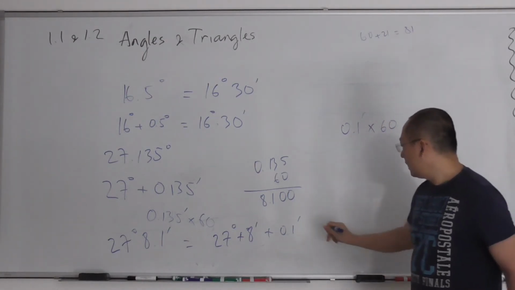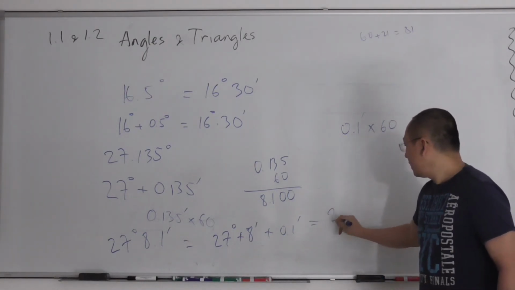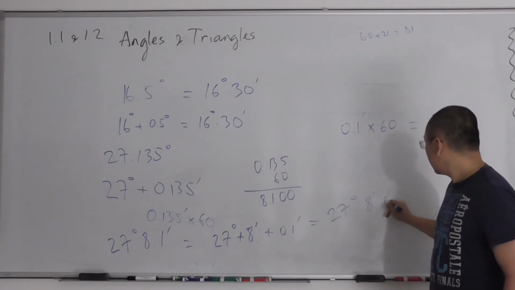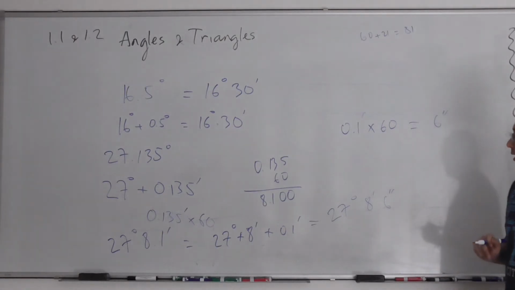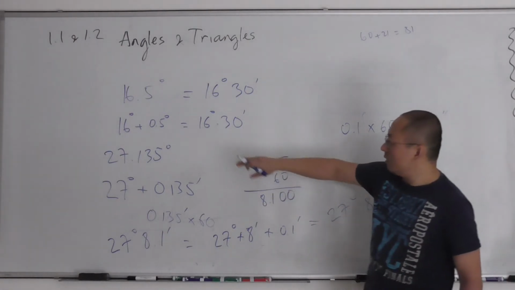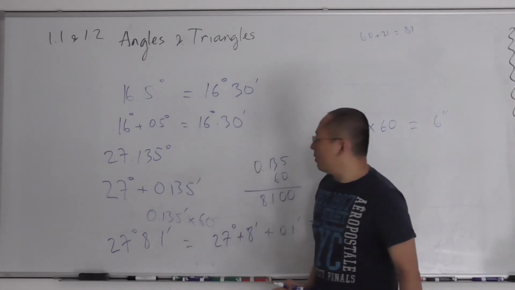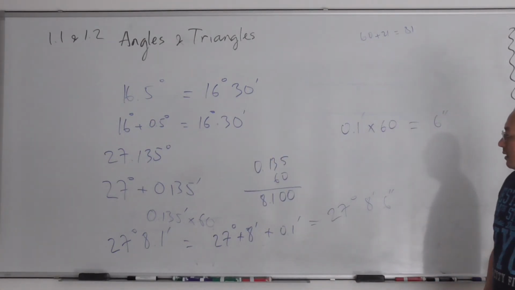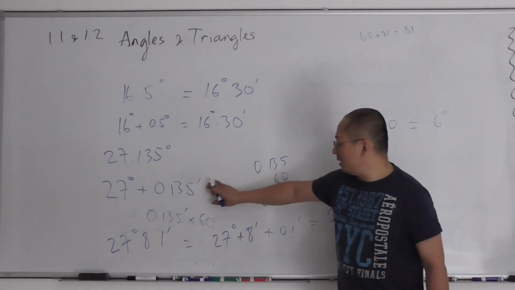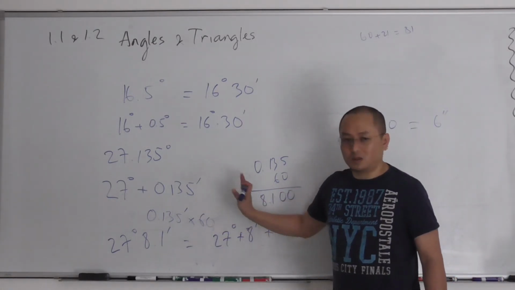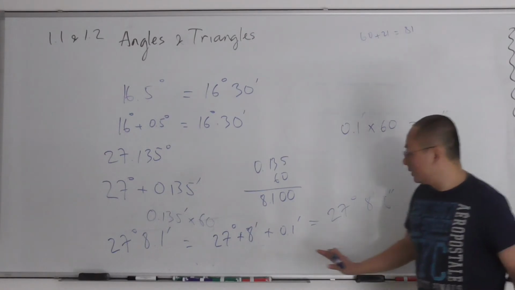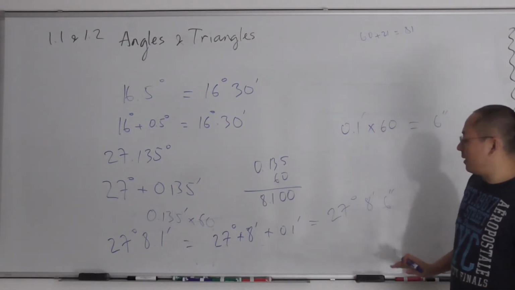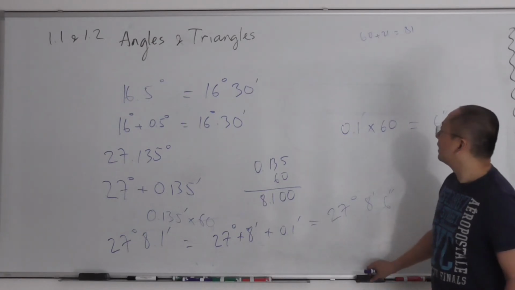And so the final answer is going to be 27 degrees, 8 minutes, and 6 seconds. That was the idea. The idea is to break out the whole number on one side, multiply the decimal by 60, and you have the next unit, which is minutes. And if the minutes have a decimal, do the same thing: break off the decimal, multiply it by 60, and you're going to get seconds.